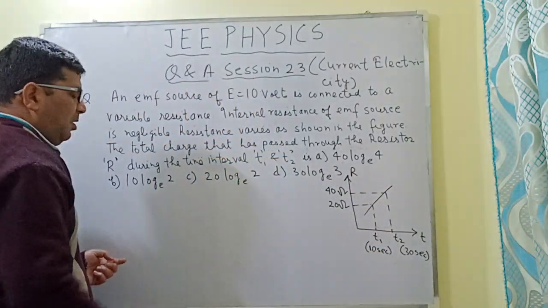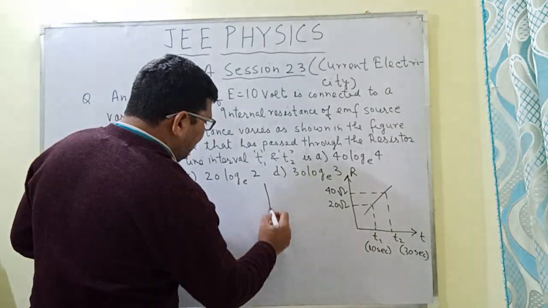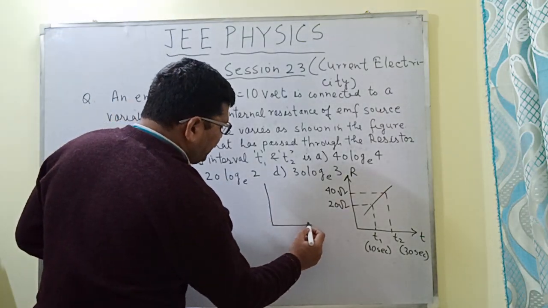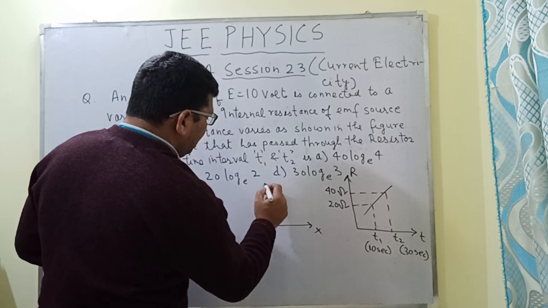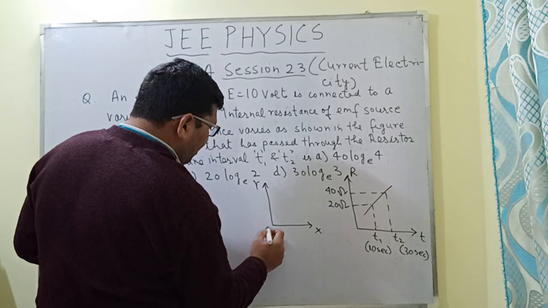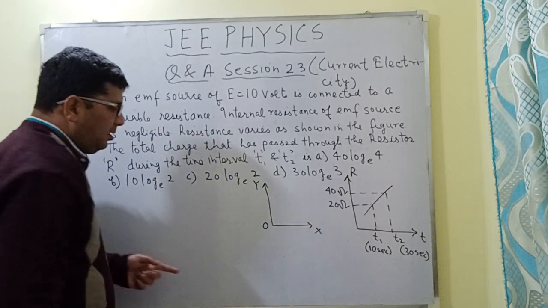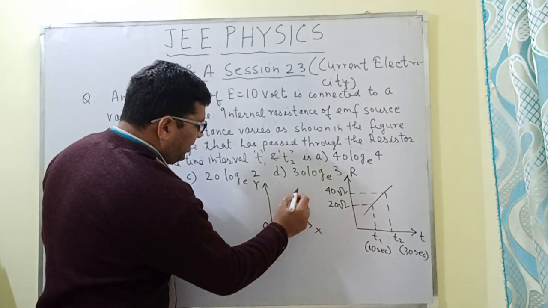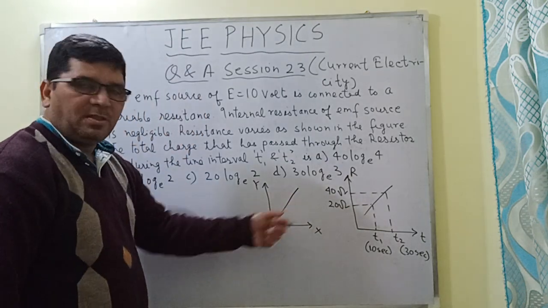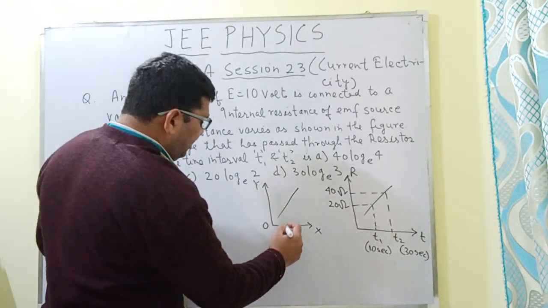In order to explain this question, I will be taking the help of a Cartesian frame of reference, which will be an XY plane, and here I am drawing one line, which is a straight line.